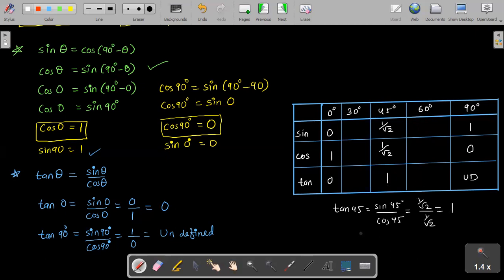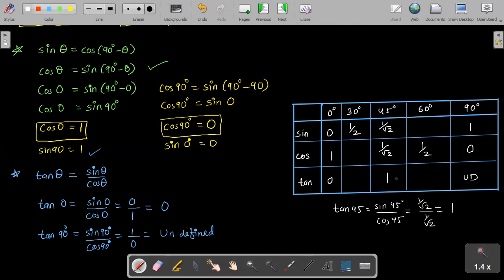Then yesterday we learnt about sin 30 degree and sin 60 degree. They are linked with each other. Sin 30 is 1 by 2. Sin 30 and cos 60 are both the same, so this half and this half are the same.